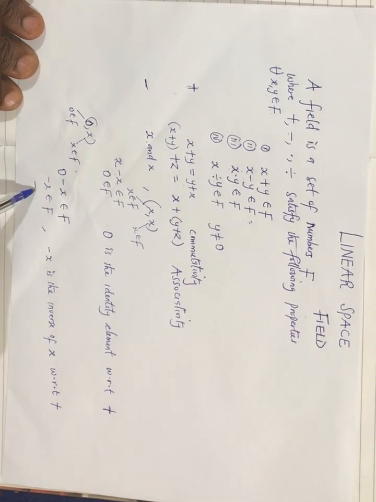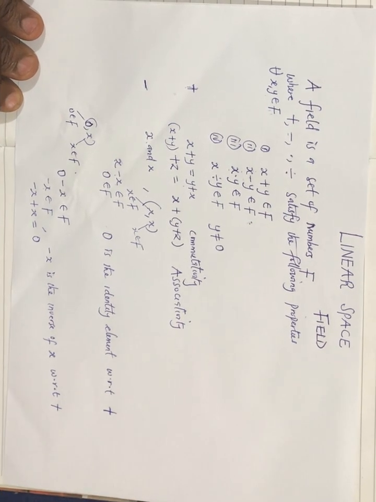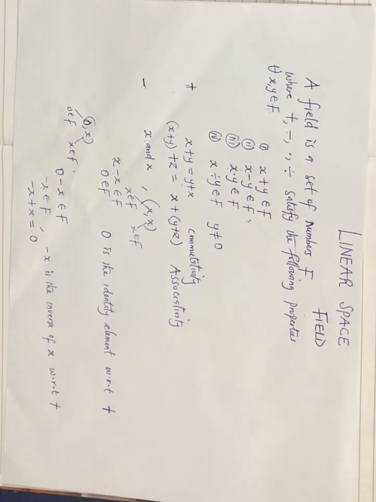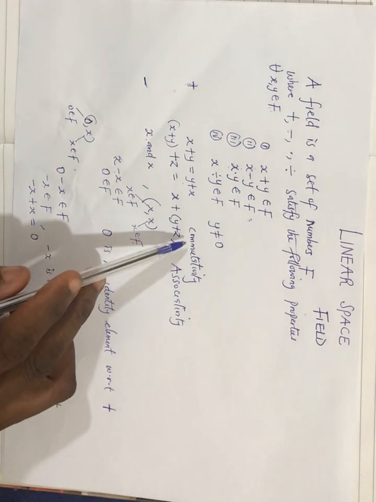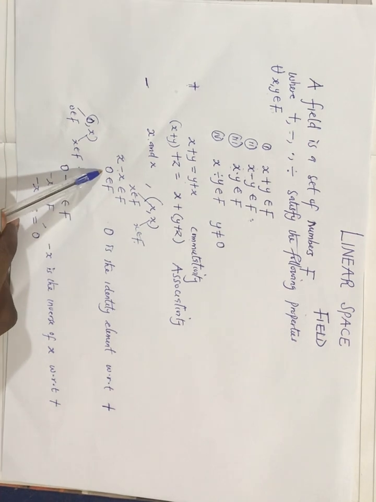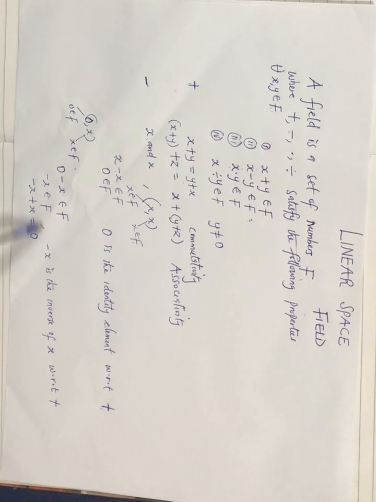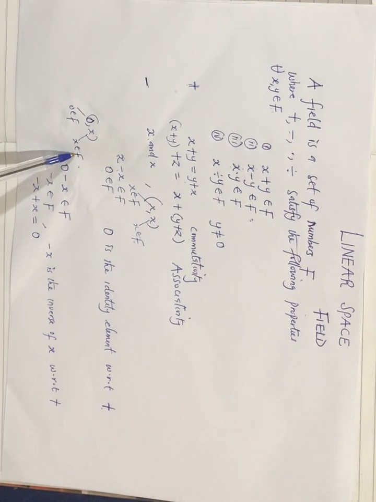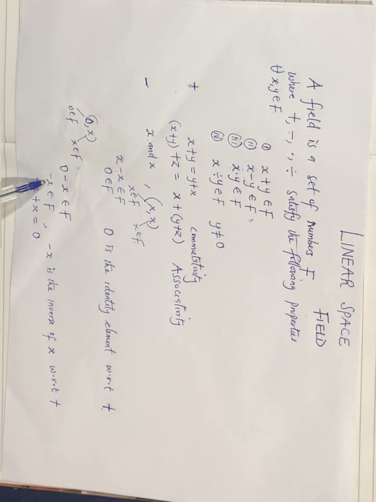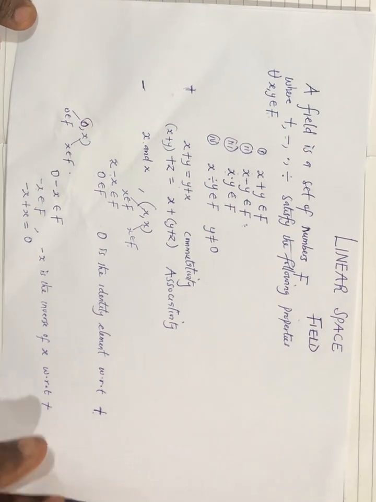Because minus x plus x produces 0, which is the identity element of F. Now, how many properties are satisfied? We have commutativity, we have associativity, we have that F contains the identity element with respect to the additive operation, and we have that for each x that belongs to F, the inverse of x belongs to F. Now let's check other properties it satisfies.